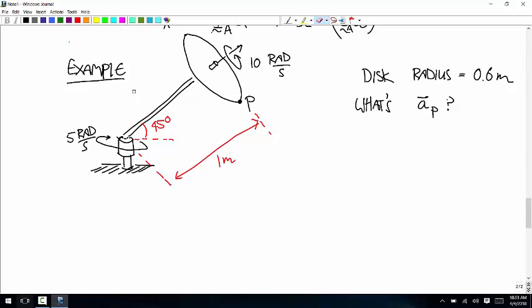But in addition to that, the disc is rotating around the bar. It's not really going very fast, it would be a minor nuisance. It's going just over 1 revolution per second.